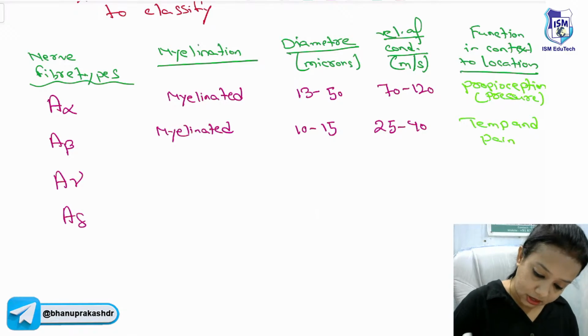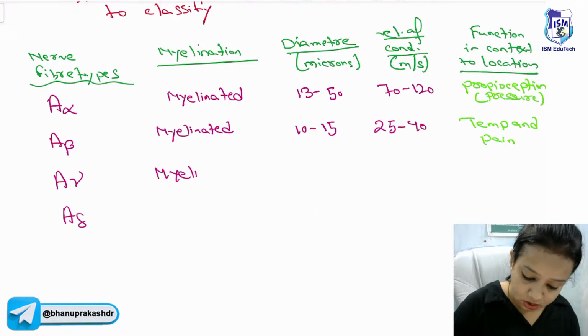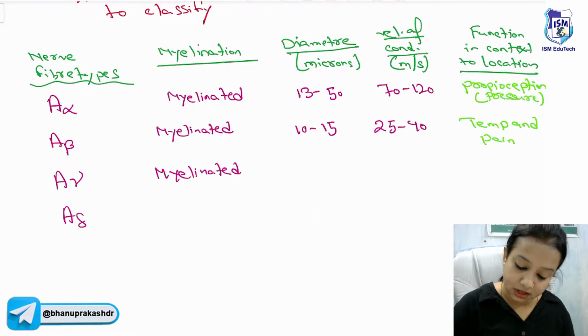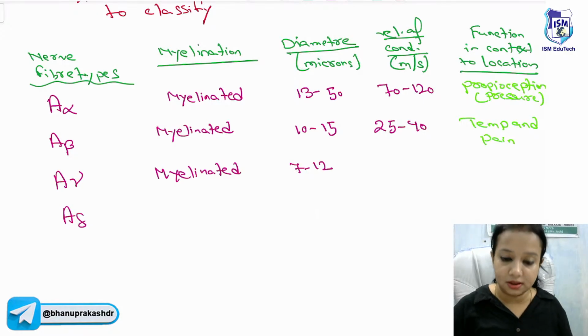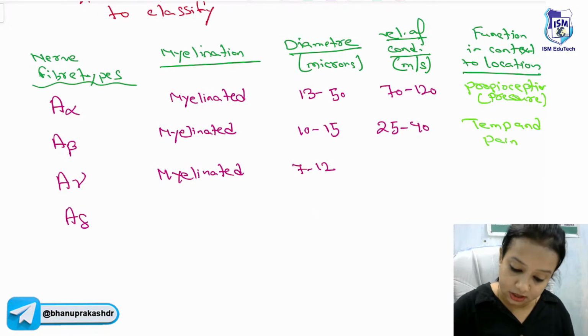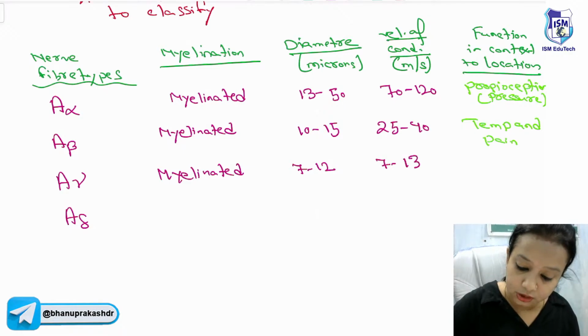Third, according to Erlanger and Kaiser, is A gamma. This is also myelinated, and it has an even smaller diameter, about 7 to 12 or maybe 10 microns, and the velocity of conduction is very small, like 7 to 13.